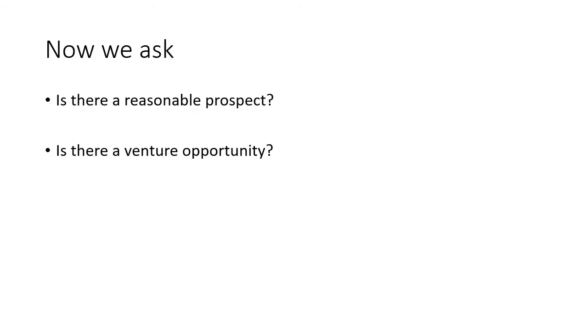So again, now we have to answer this question: is there a reasonable prospect of saving this business? Is there a venture opportunity? And can you visualize that venture opportunity? Those are the two key elements that we have to consider. In the end, the position on the fire assessment map will help us to determine how these things come together.